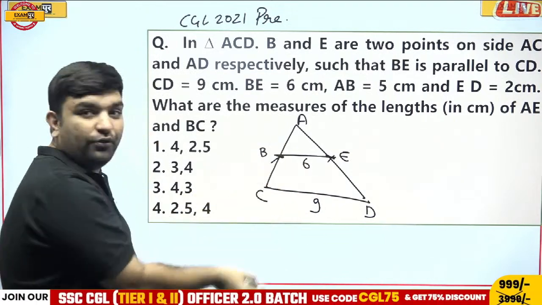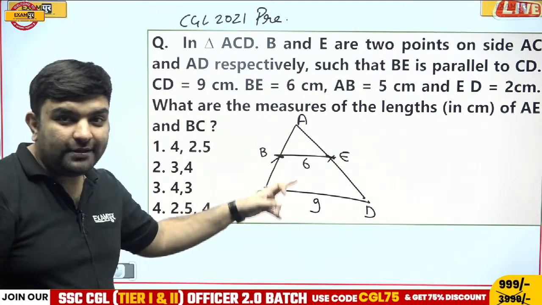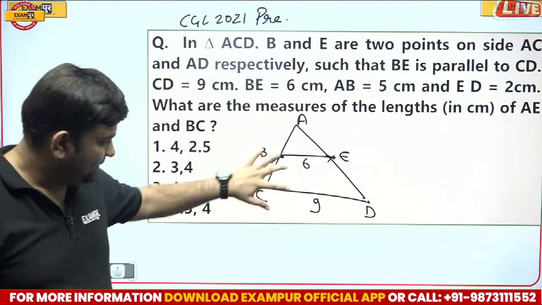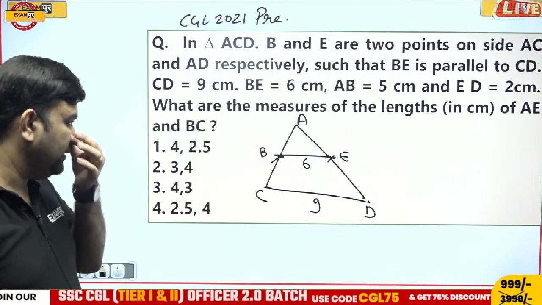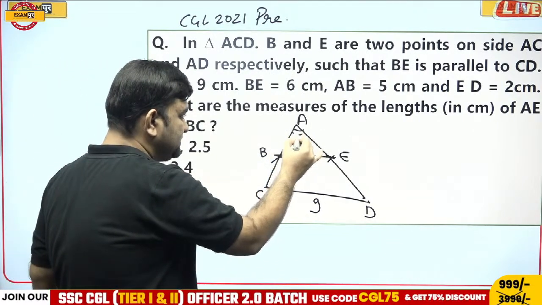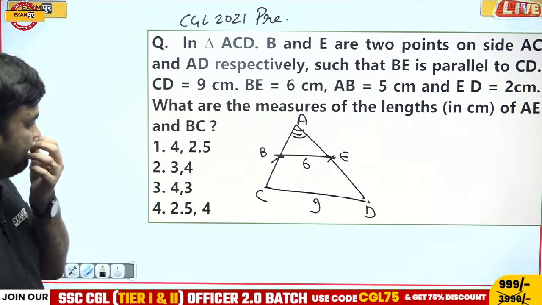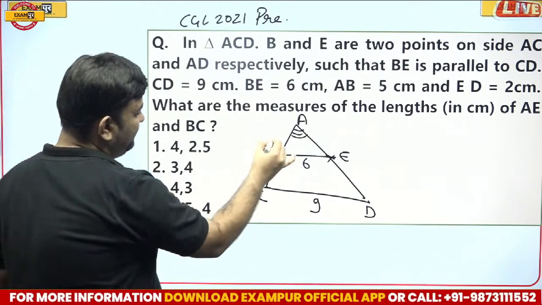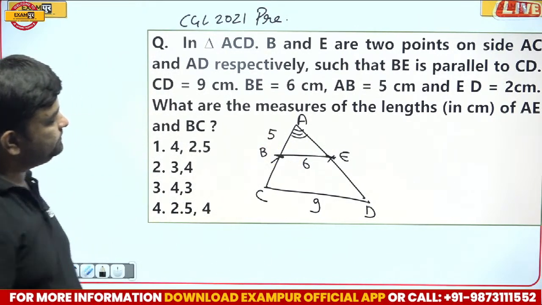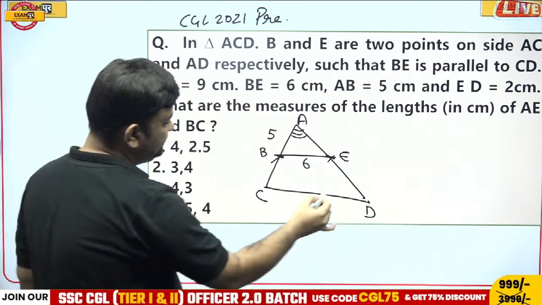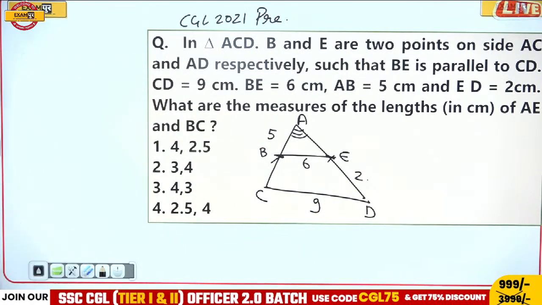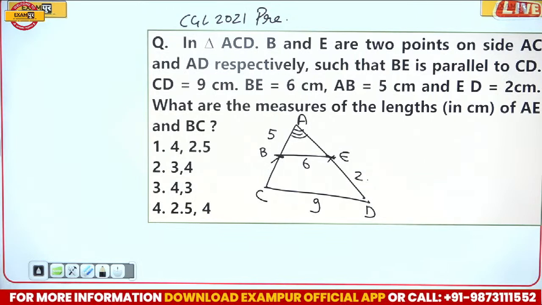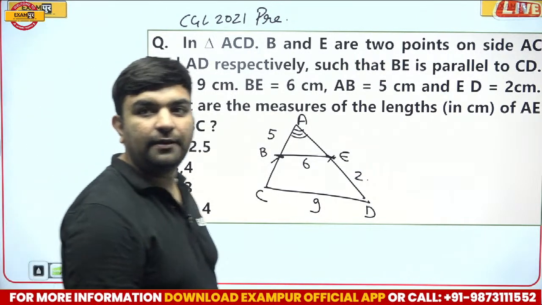So the corresponding sides are in the ratio 2:3, in the case of similar triangles. AB is 5, ED is 2. What is the length of AE and BC?